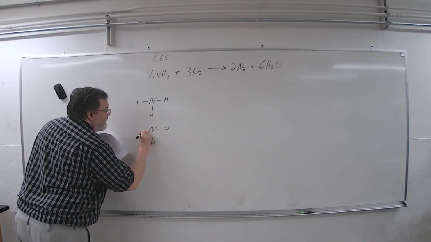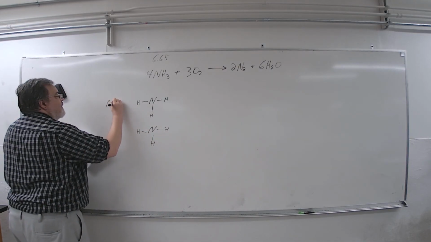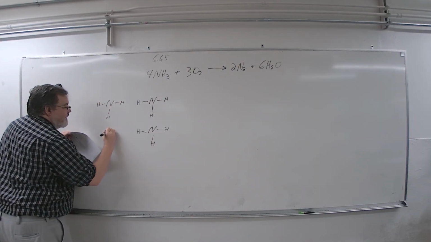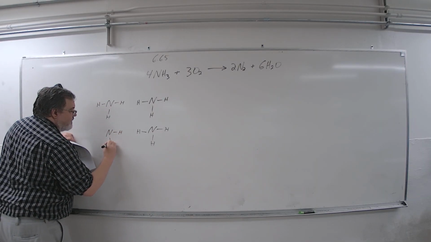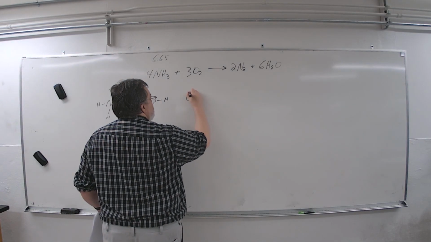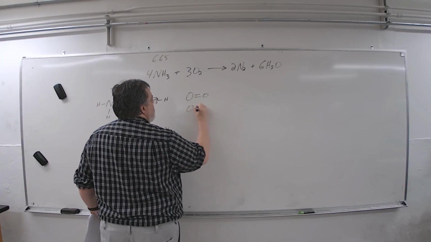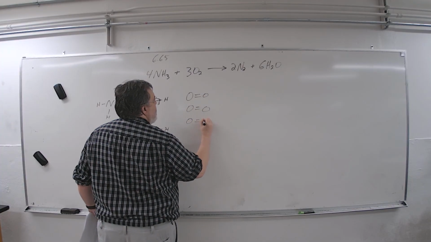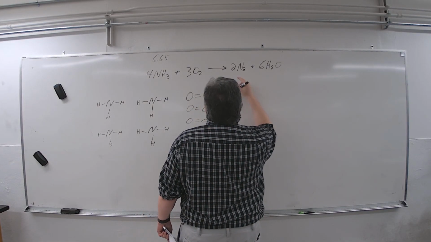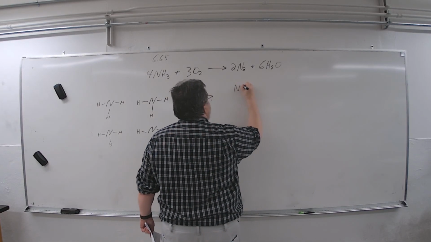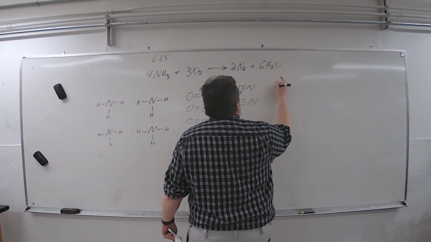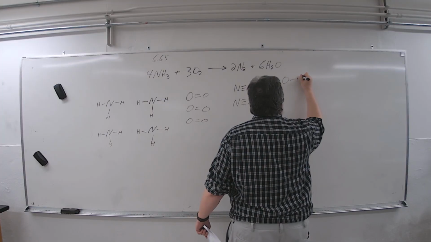There's 4 NH3s. So I actually drew the diagram of them, and I'm showing their bonds. There's 3 O2s. These are actually double bonds, so I'll draw double bonds. And then over here, we have 2 and 2. So we have N2, this is a triple bond. We have 6 H2Os, so I'll draw those.